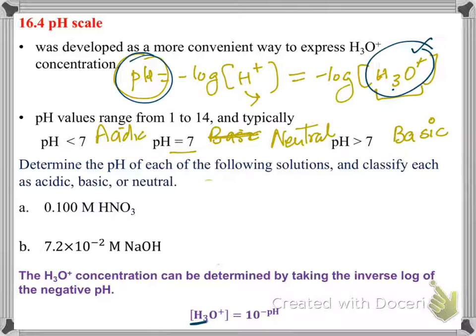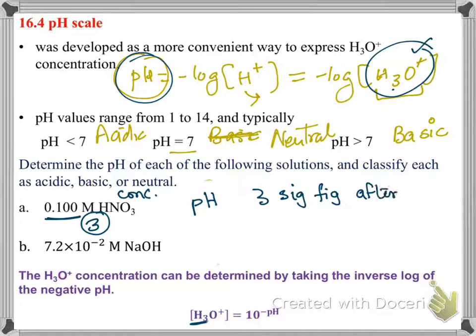Look at this number here. This is the concentration value. How many significant figures are there? There are 3 significant figures. So that means when you are calculating pH, you need to have 3 significant figures after the decimal.